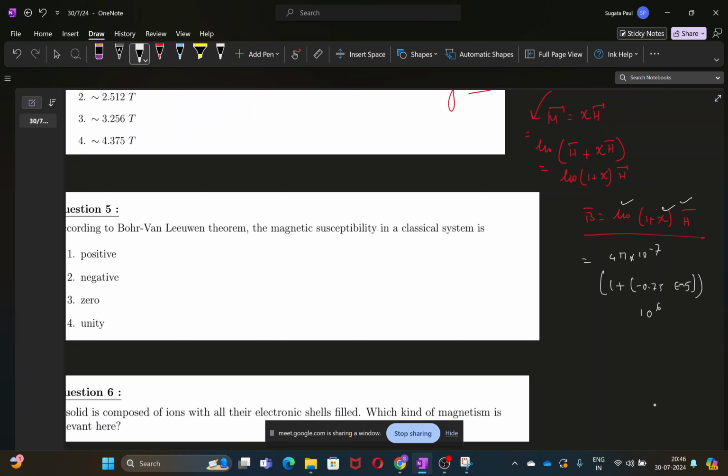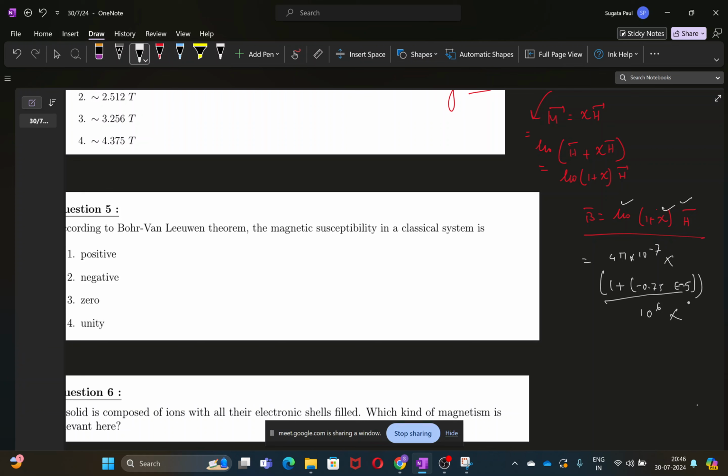I am getting a value of 0.9999 something from this part. Now it has to be multiplied with 4 pi into 10 to the power minus 7 and then 10 to the power 6.